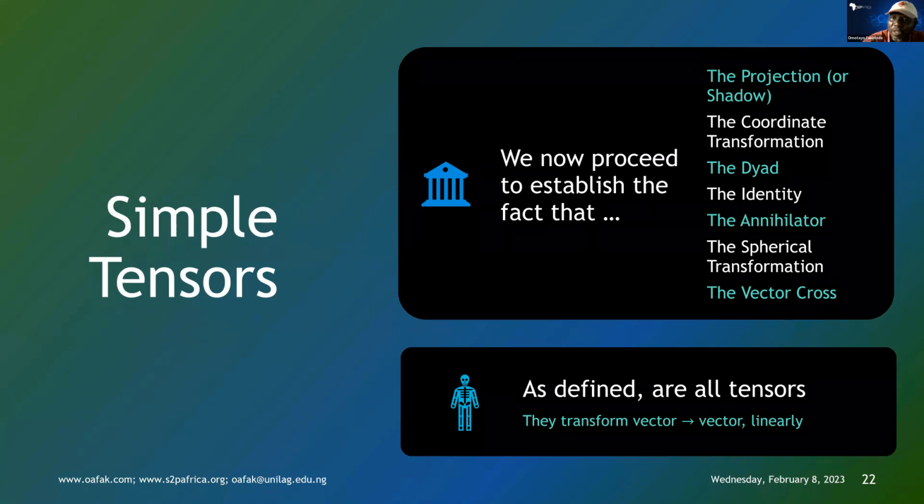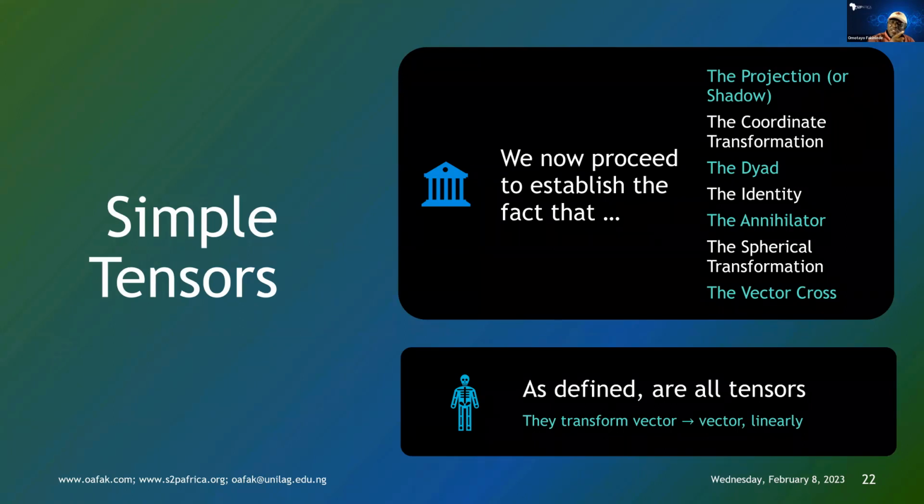And therefore, the projection is a projection tensor, the coordinate transformation is a coordinate transformation tensor, the dyad is a dyad tensor, the identity is an identity tensor, the annihilator is the annihilator tensor, and the spherical transformation is the spherical tensor, and the vector cross is the vector cross tensor. And all 7 of them are tensors. I just chose those 7 examples.